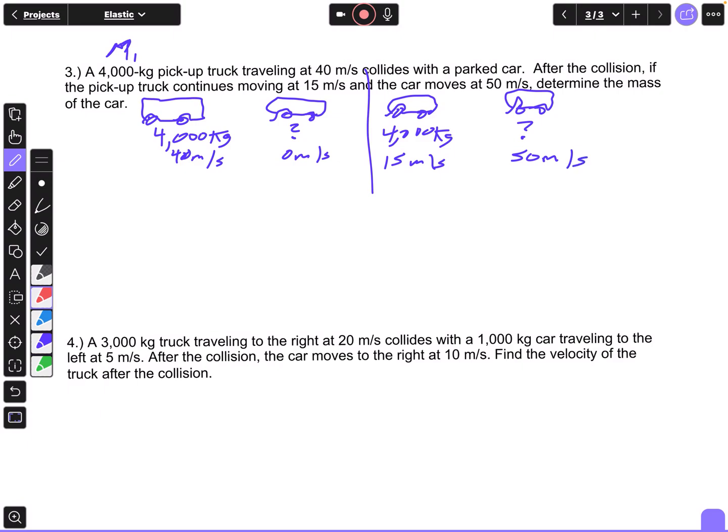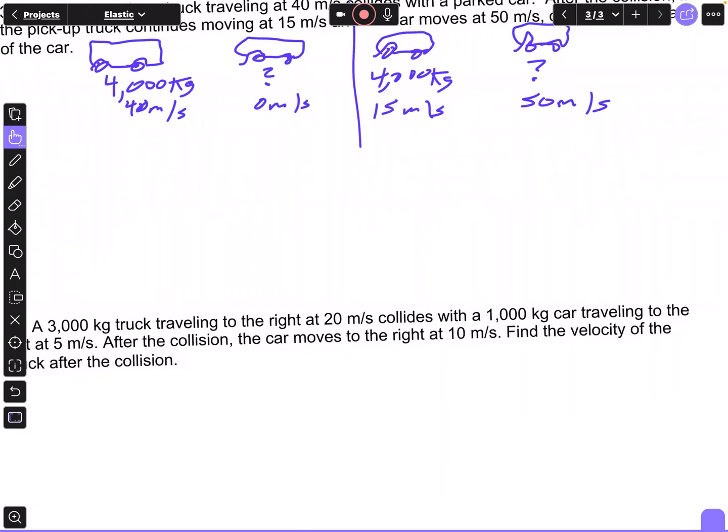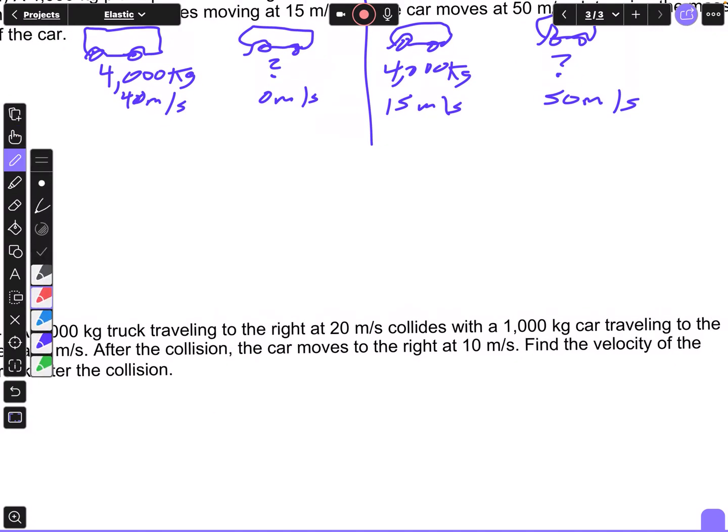Alright, so now I'm going to write down my givens and my unknown. So I know that M1 said was 4,000 kilograms. V1I is equal to 40 meters per second. My second object, I don't know what I'm looking for, but I know that V2I, its initial velocity, is 0.